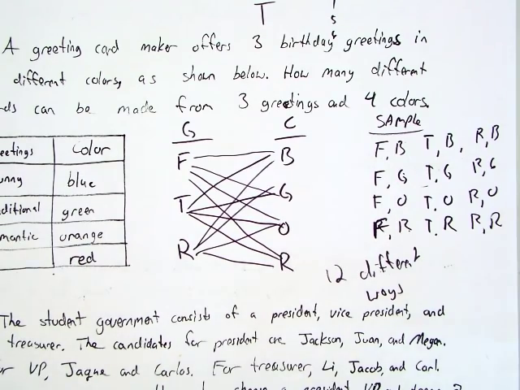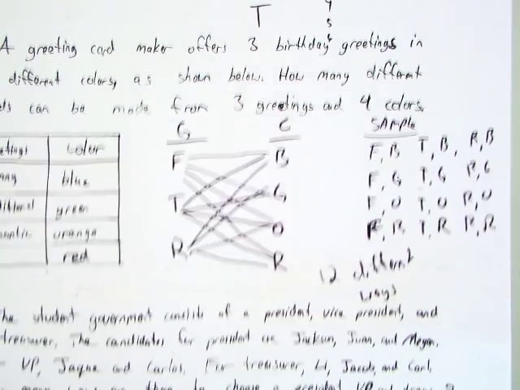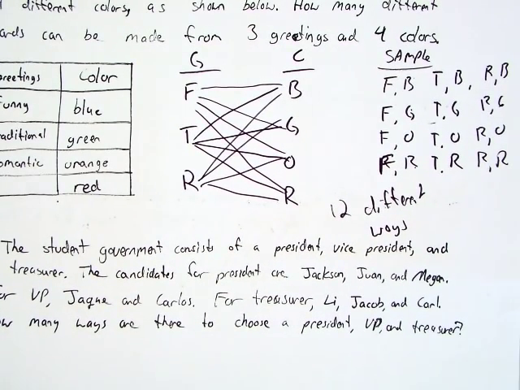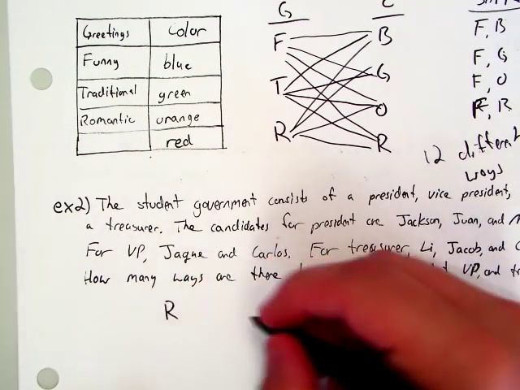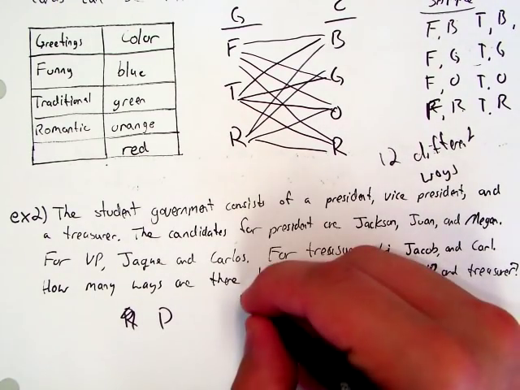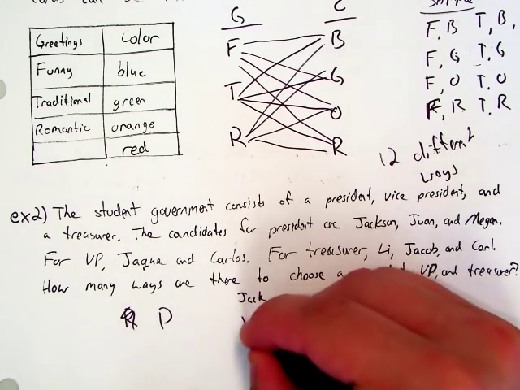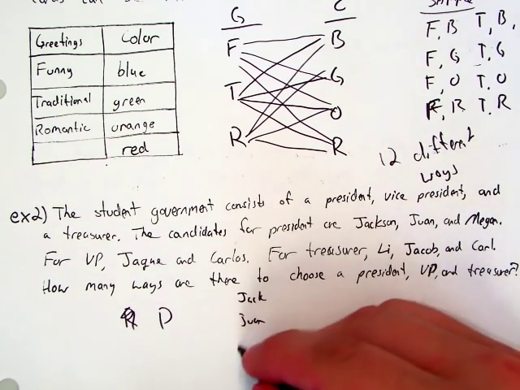Now example 2, it says the student government consists of a president, vice president, and treasurer. The candidates for president are Jackson, Juan, and Megan. For vice president, you have Jackie and Carlos. And for treasurer, you have Lee, Jacob, and Carl. How many different ways are there to choose a president, vice president, and treasurer? So, for president, you have Jackson, Juan, and Megan.